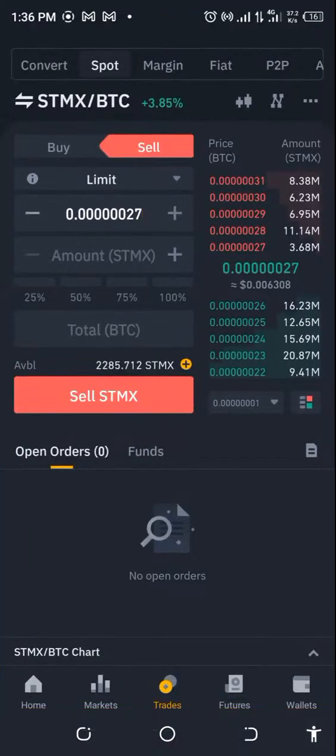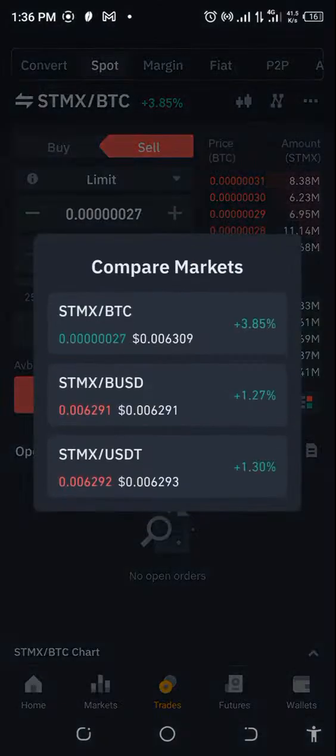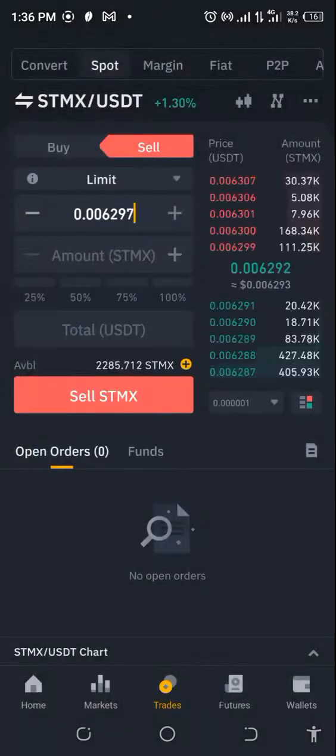So now let's go back, and now what we want to do is sell to USDT. Now let's go back and let's see whether this would work. We're trying to sell. Okay, interesting. So let's try and sell this to USDT. Well, we're watching it together. Let's see.